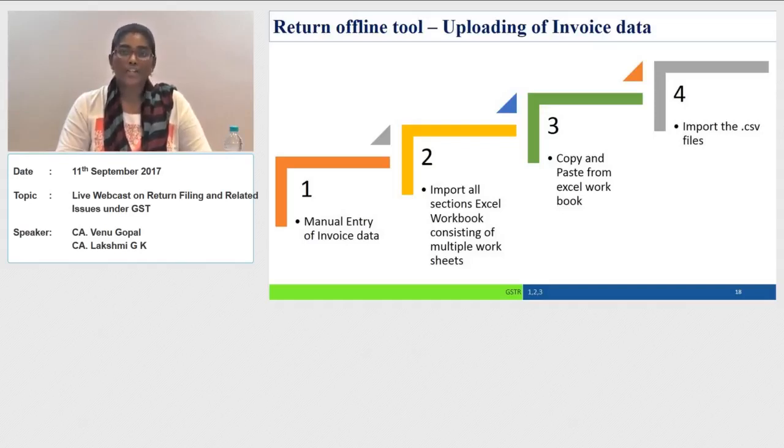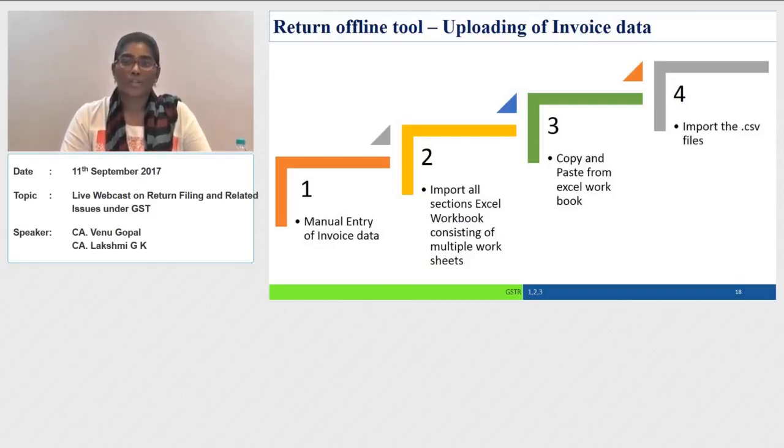That Excel sheet can be used for filling the data, and once the data is filled in Excel, it is required to be imported into the GST offline tool, and then you may need to generate the JSON file. And the third option is from the offline Excel sheet, you can copy and paste any one table's data from the header and then paste it into the offline tool.